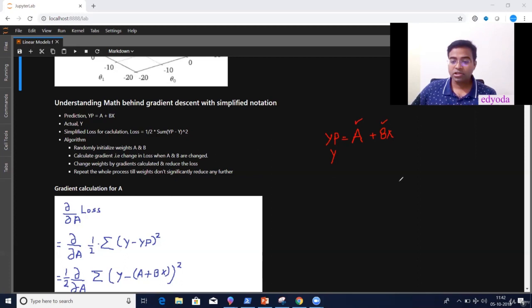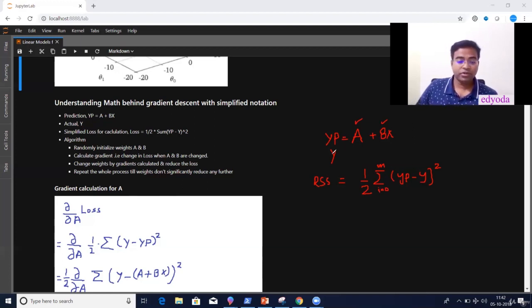To simplify your RSS calculation, we have just added 1 by 2 here so that it nullifies the 2 and makes the math really easy. All that matters is the relative difference between them; the actuals do not matter. So sigma of i 0 to m, YP minus Y squared. That's your RSS.